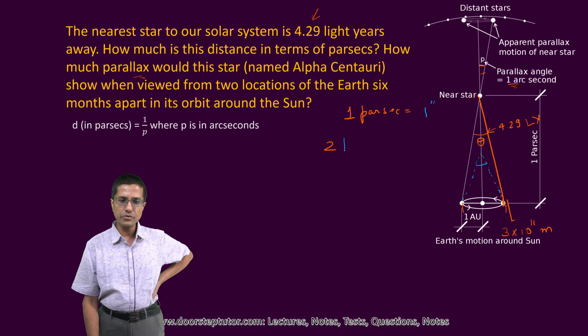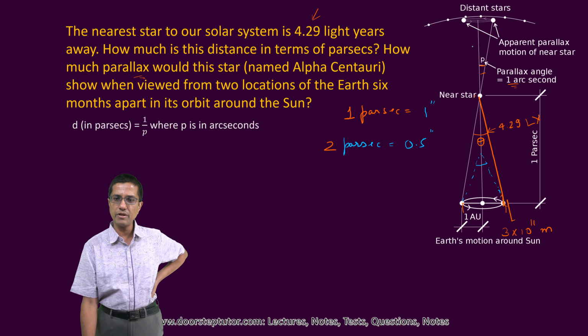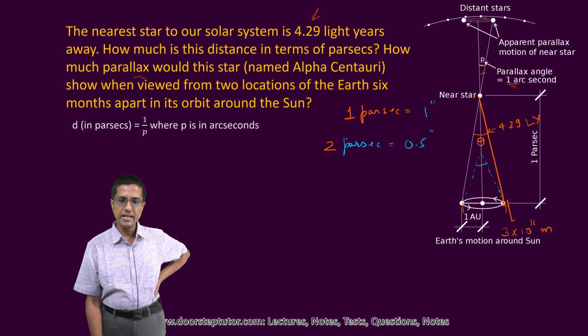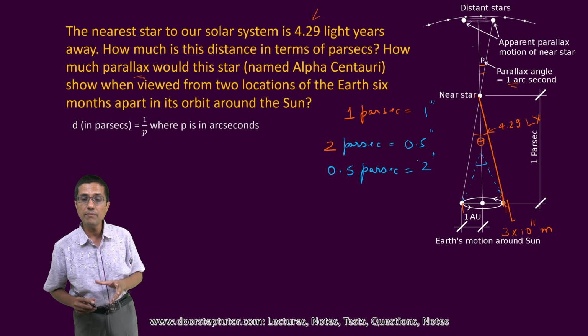If the distance was 2 parsec, then this will be 0.5 arc second. The distance is 2 parsec, that means I went further away, so this angle would decrease. As in our example, if I made the distance 0.5 parsec, then this angle would actually double. So it will become 2 arc seconds.